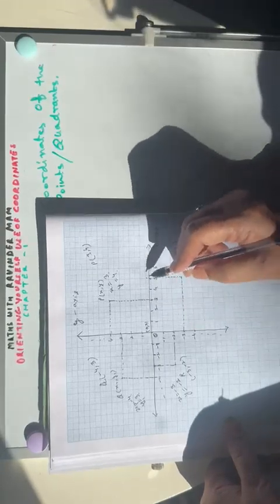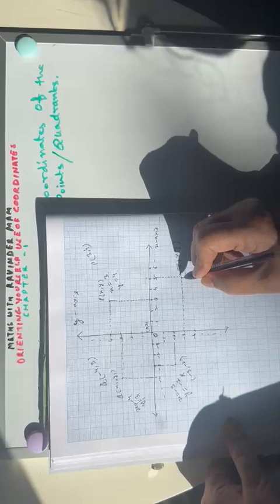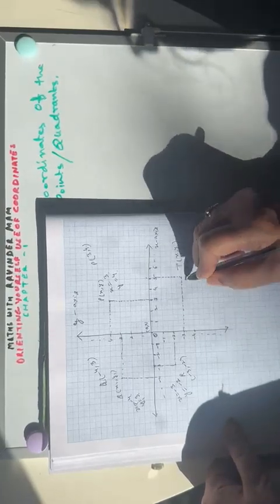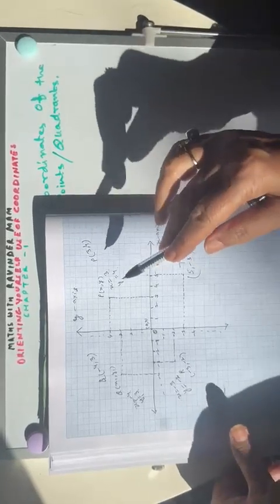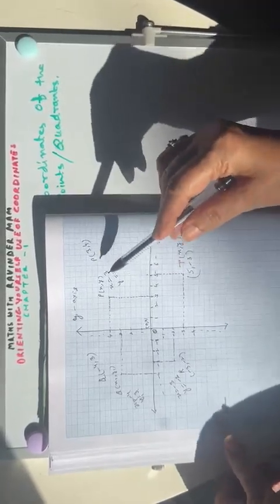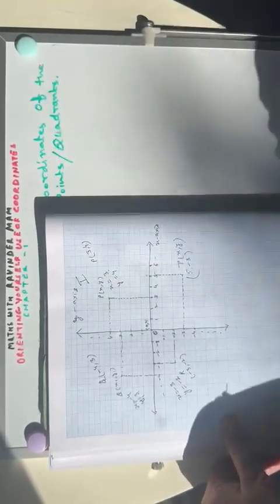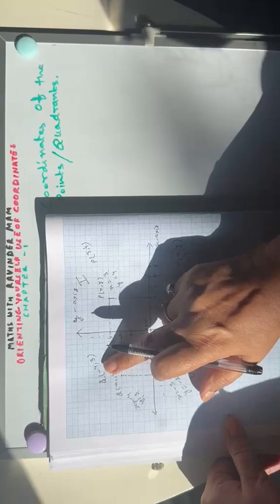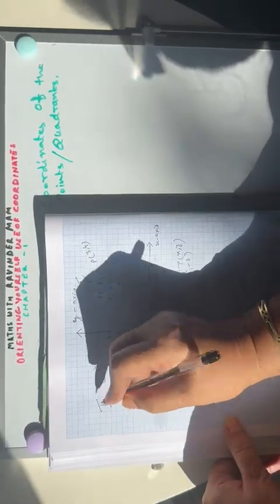Where it meets the x-axis, that point is the x coordinate 5, and where it meets the y-axis, this is minus 3. Now you can compare: x is equal to 3, y is equal to 4, both positive, lying in the first quadrant. And x is equal to minus 4, y is equal to 3, x negative, y positive, lying in the second quadrant.